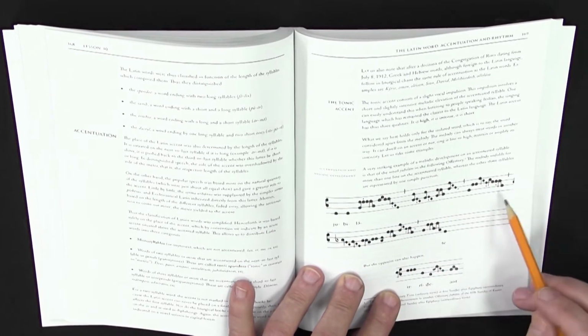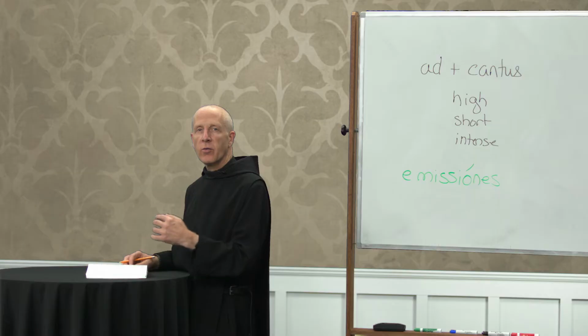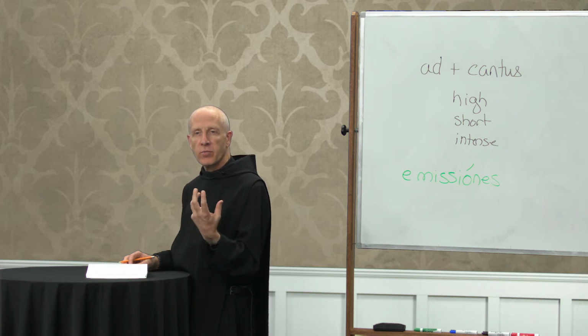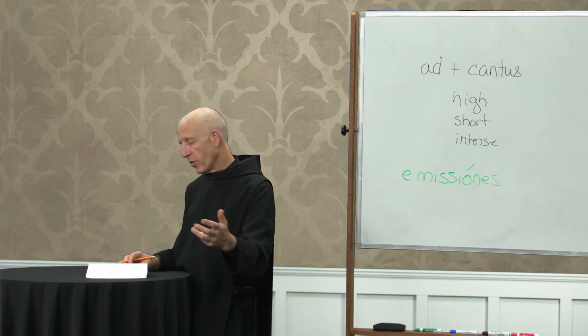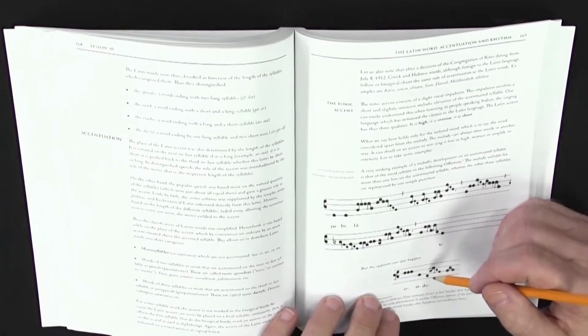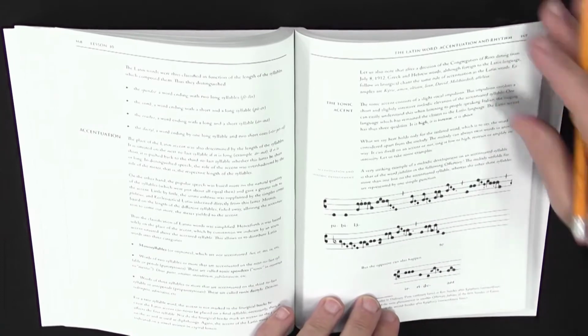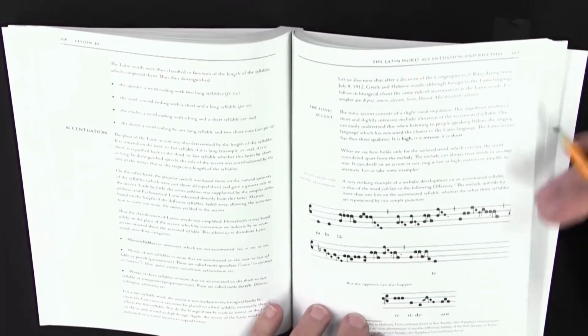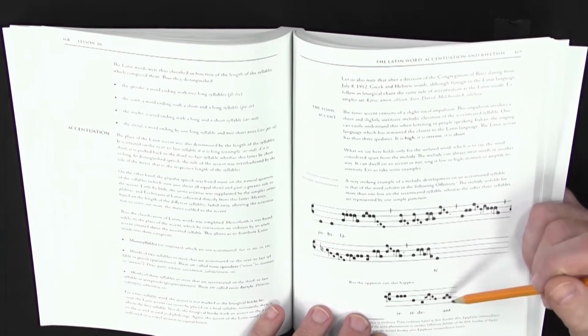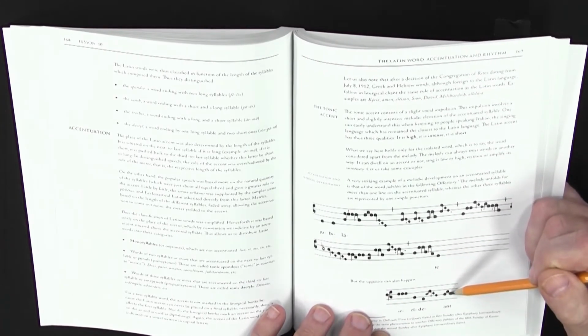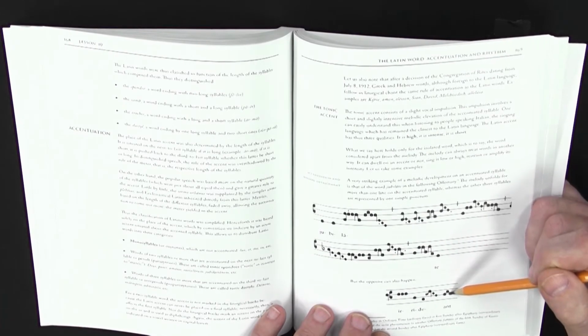All of that on the accent of jubilate, which you can see is kind of a word picture or a musical picture of what it is to jubilate, to let your soul get carried away with the joy. Then another example shows the opposite possibility. There are some times when the accent is clothed with only one note, and the other syllables are clothed with more or less developed neumes.